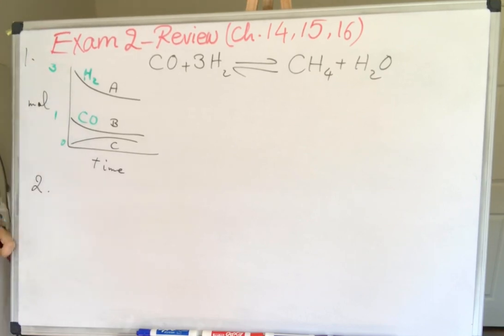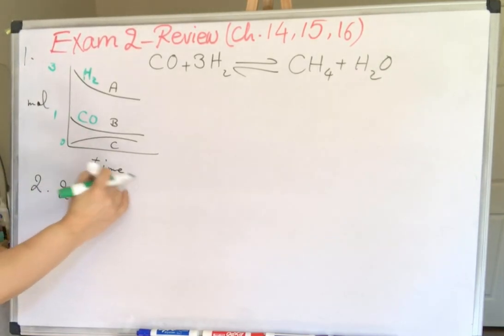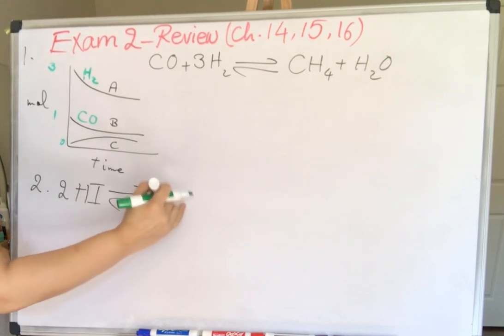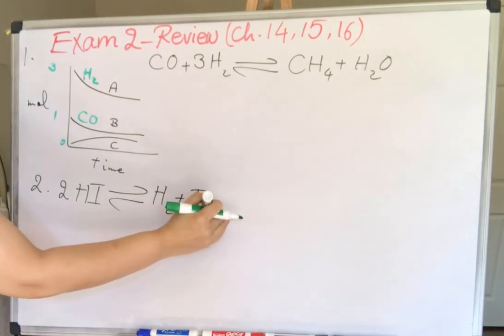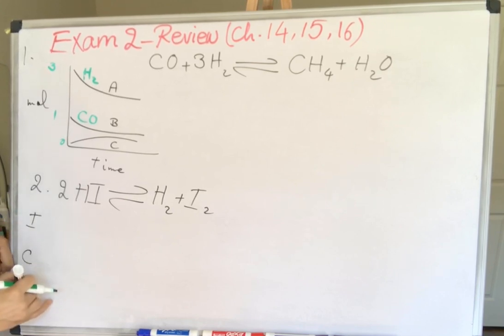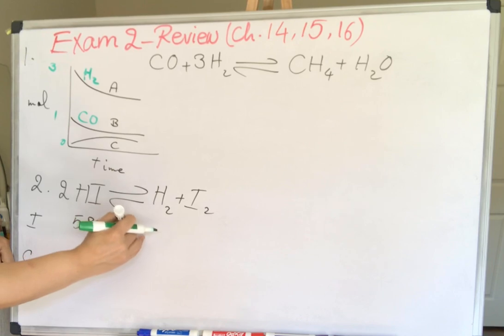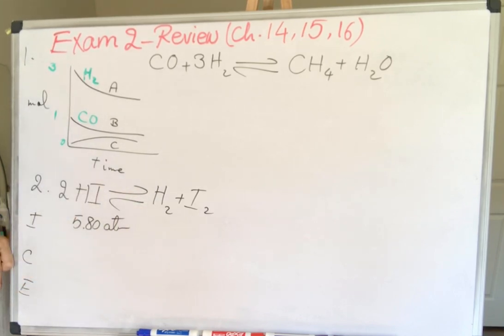Question number 2, we still have some space, so let's work on it. You have this equation, 2HI gives H2 plus I2. You initially have 5.80 atmosphere of HI.